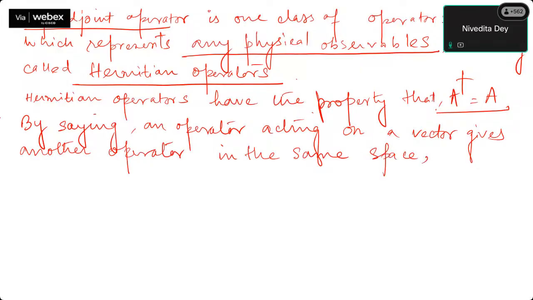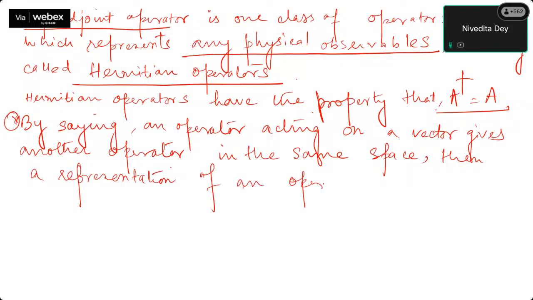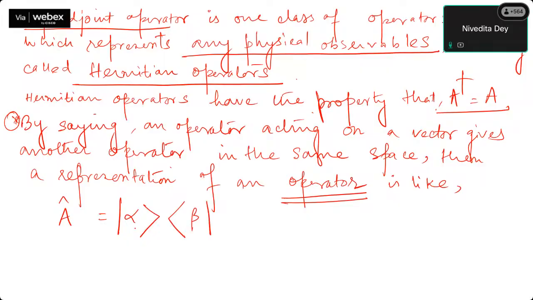If this is true, then a general representation of an operator is like this. A cap is equal to alpha then beta. Now you remember, this is the ket-bra notation.